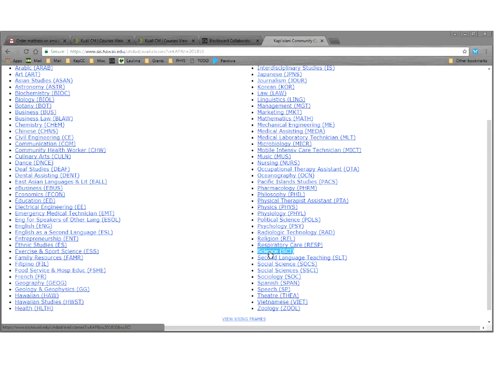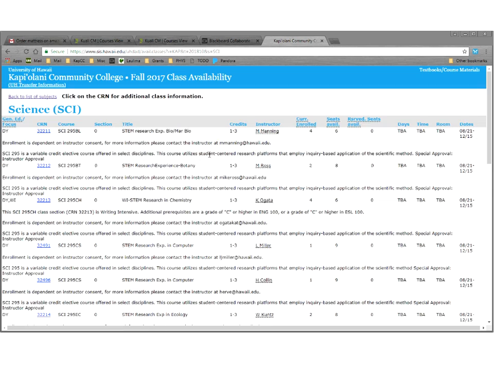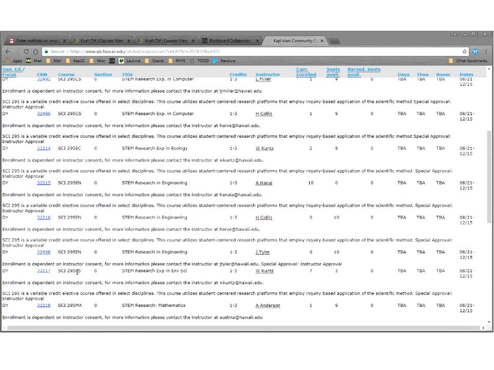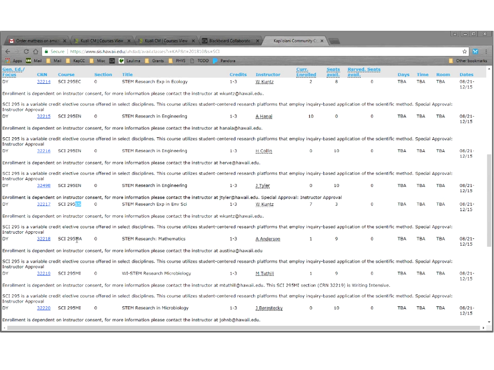At Kapiolani, we have it for all disciplines. So you can see a research class called Site 295 in biology, if you're interested in doing something in biology, or in botany, or in chemistry, or in computer science, or in ecology, or in engineering. Yes, I forget, there was environmental something, and mathematics.